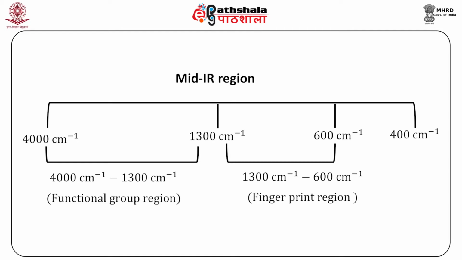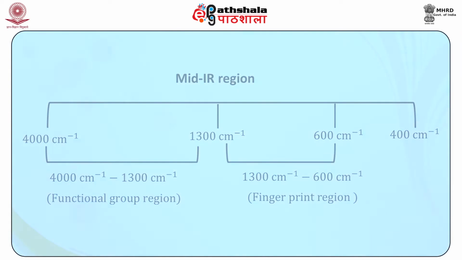The mid infrared region can be divided into two further regions. First one is the functional group region, which is from 4000 to 1300 centimeter inverse, and the fingerprint region, which is from 1300 to 600 centimeter inverse.